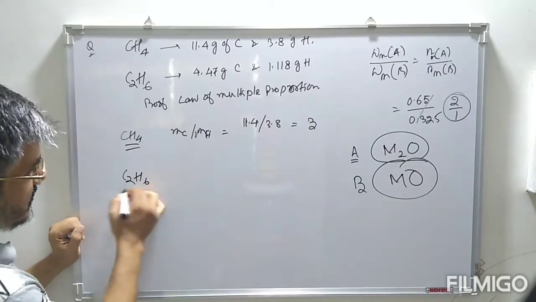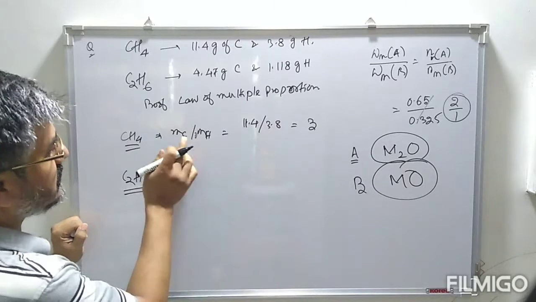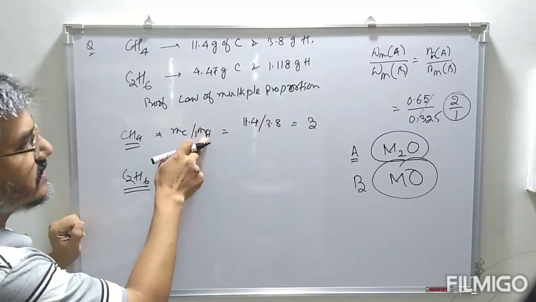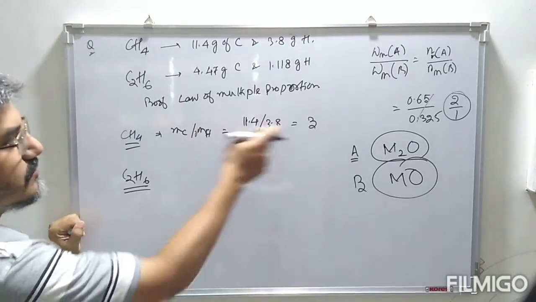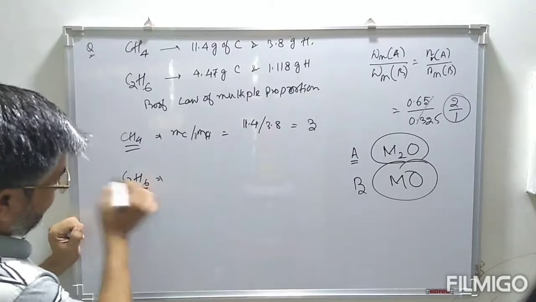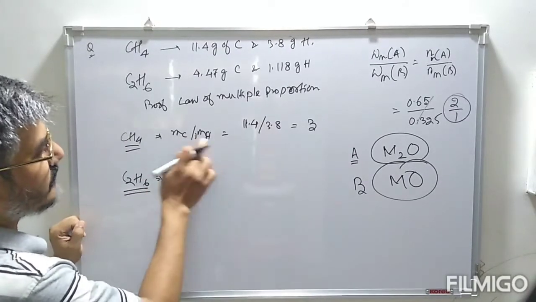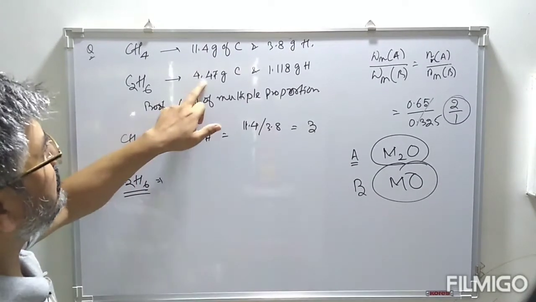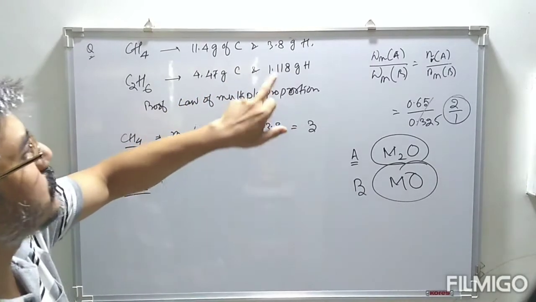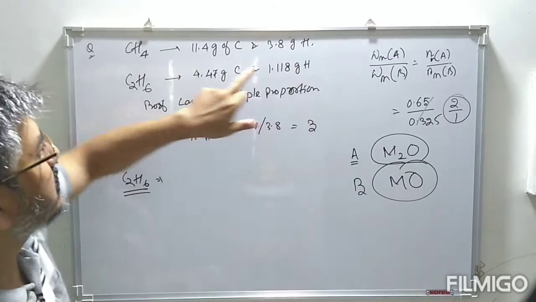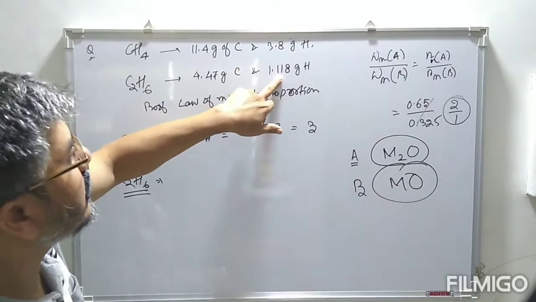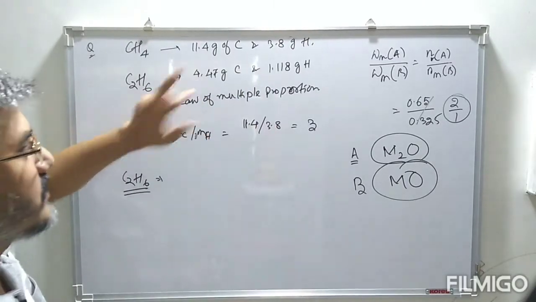In the second sample, that is C2H6, this is mass of carbon required for fixed mass of hydrogen, that is, for 1 gram of hydrogen we require this. In this C2H6, take the mass ratio of carbon and hydrogen. That means 4.47 gram carbon and we have 1.118 gram hydrogen. So 1.118 gram hydrogen requires 4.47 grams. So for 1 gram, what is the requirement for carbon?